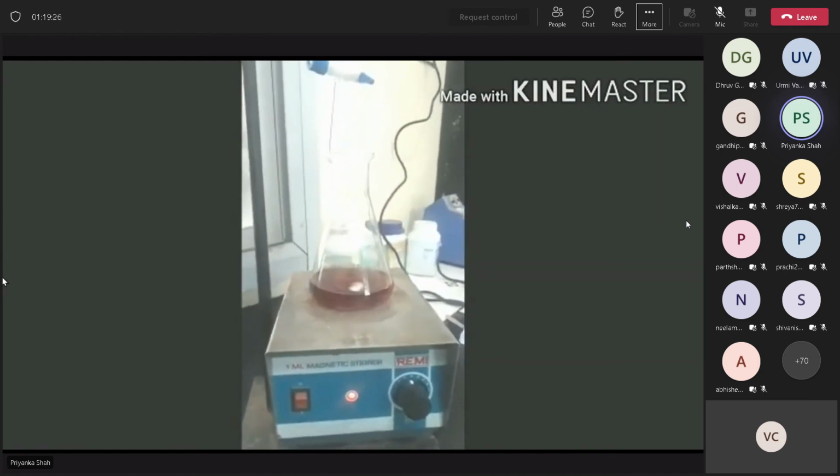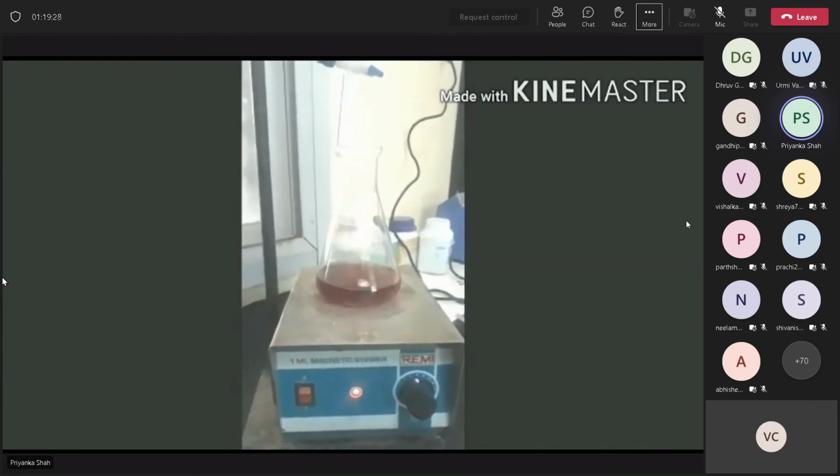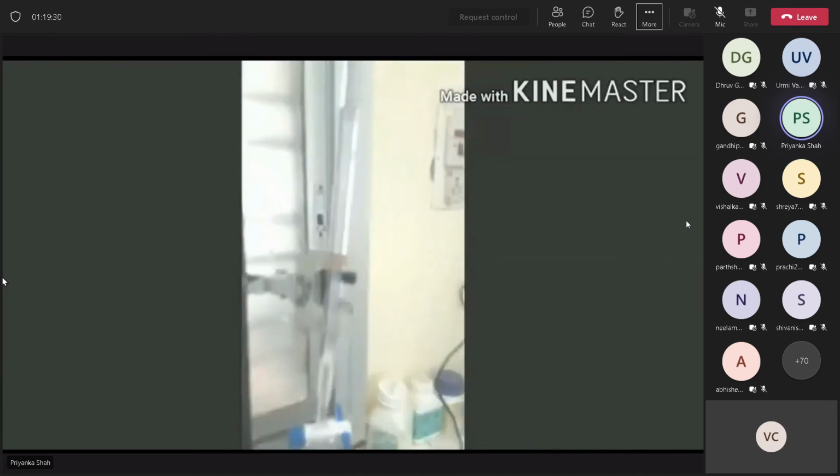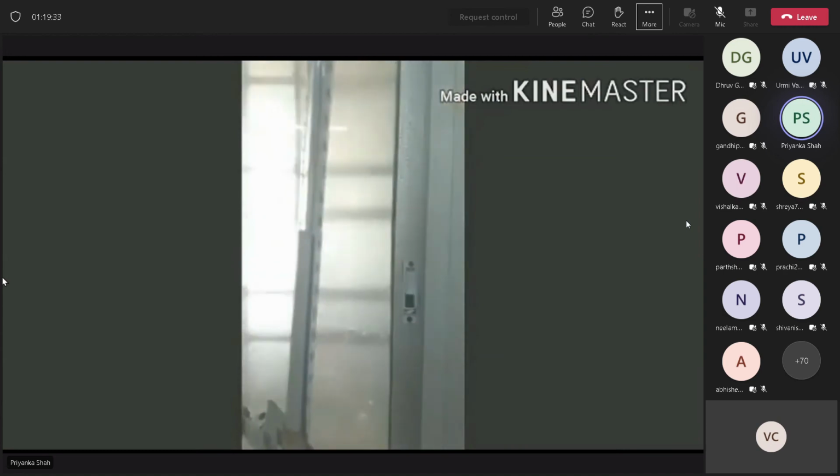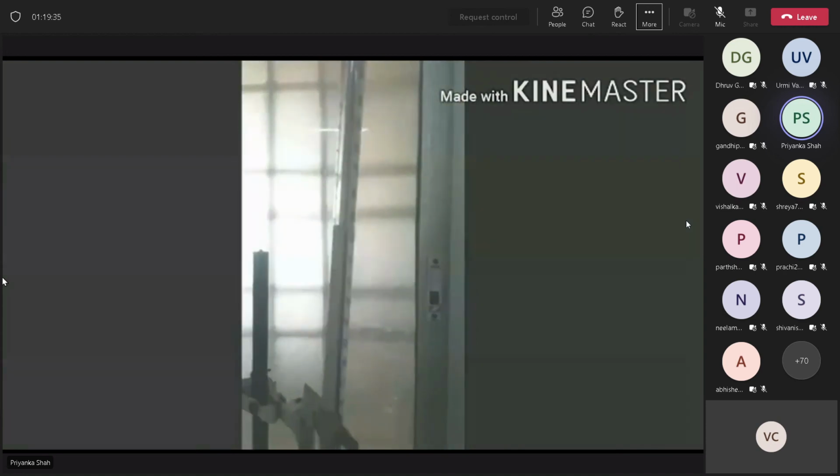Note down the burette reading and repeat the experiment till you get the concordant values. Do not discard this solution as we'll be using the same solution for the next step.